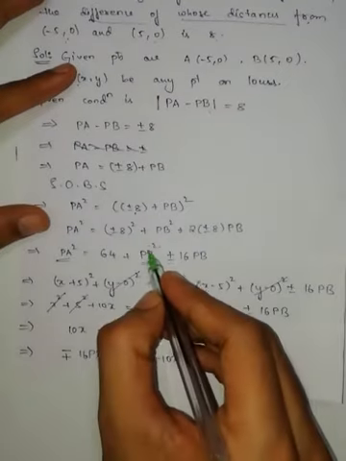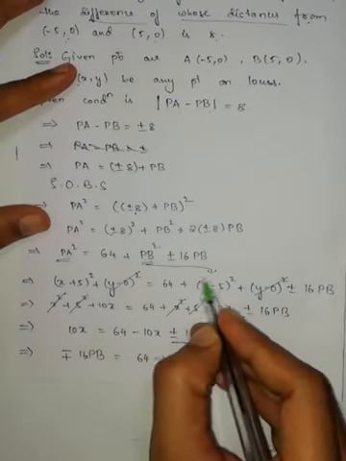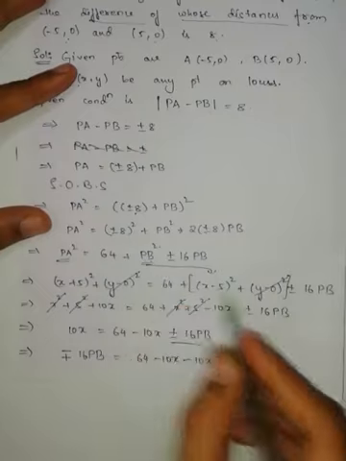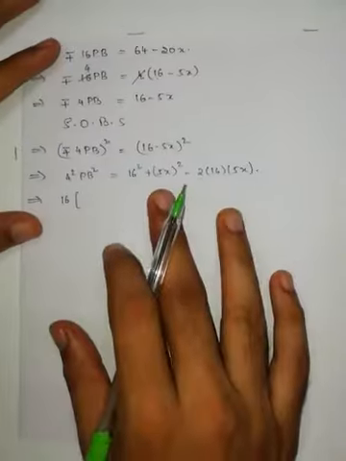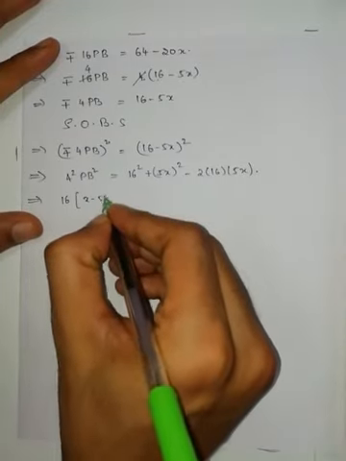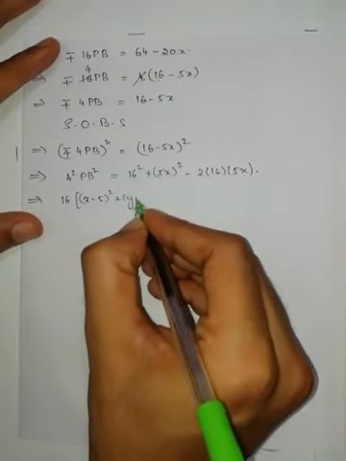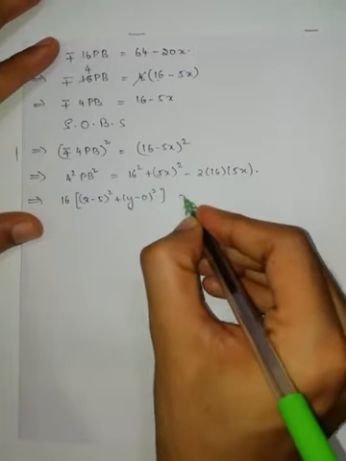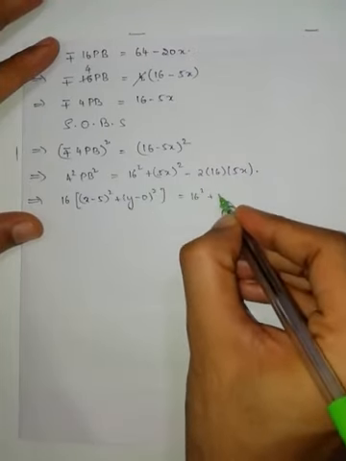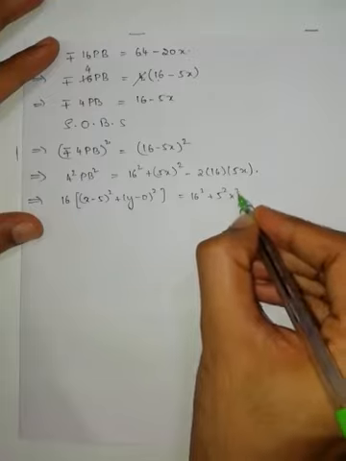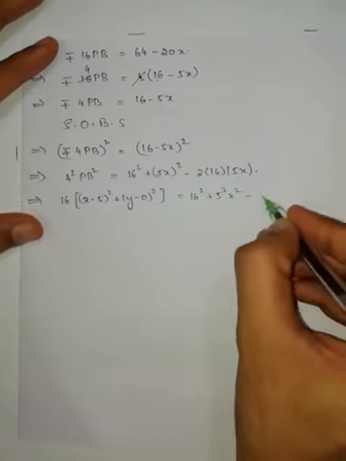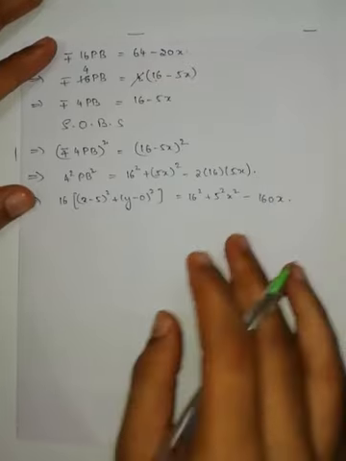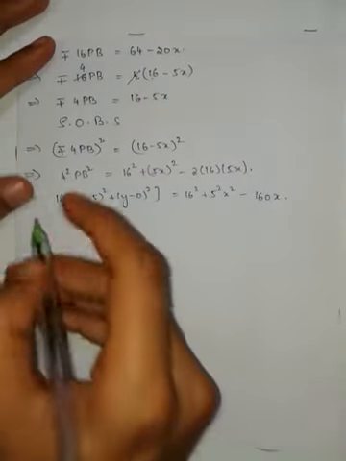For PB square, we have already calculated its value, so I am going to use the same thing: x minus 5 whole square plus y minus 0 whole square is equal to 16 square plus 5 square x square minus 2 fives are 10, 10 into 16, 160x.